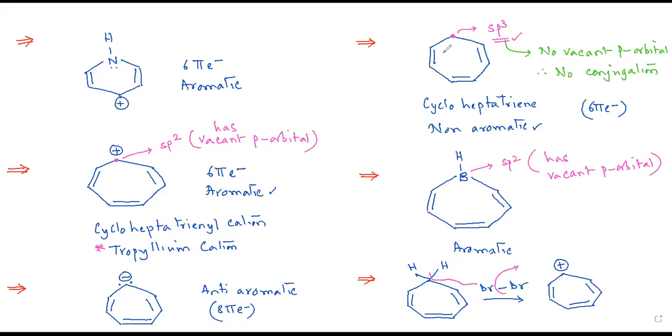You get a positive charge here with the Br minus plus the HBr that is being eliminated. So you get tropylium bromide. Okay.